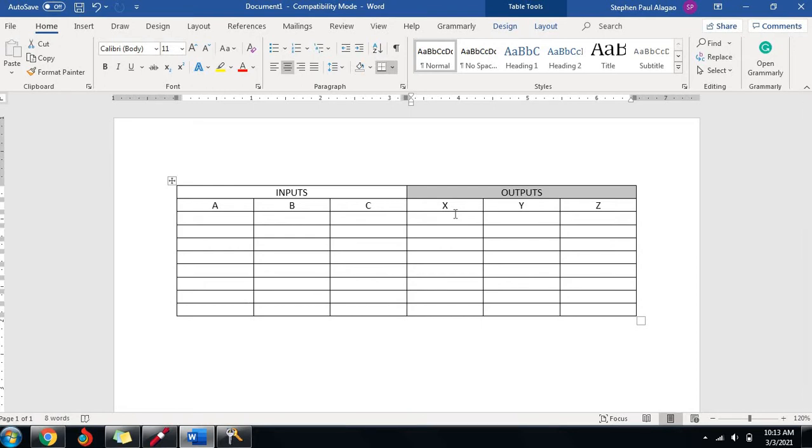It depends on you what letters you're going to use as a representation for your inputs and outputs. So there is no problem. What is important is that you need to identify your inputs and your outputs.